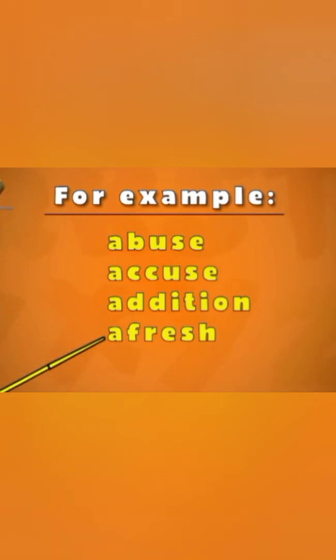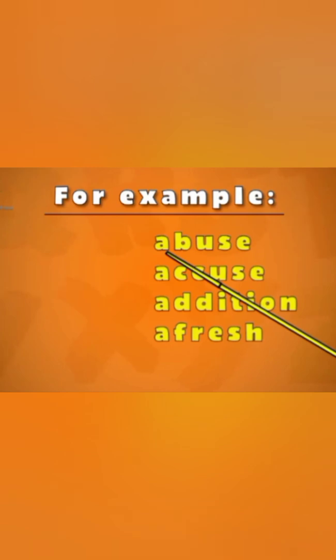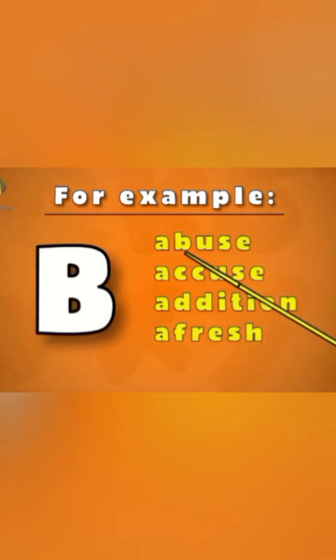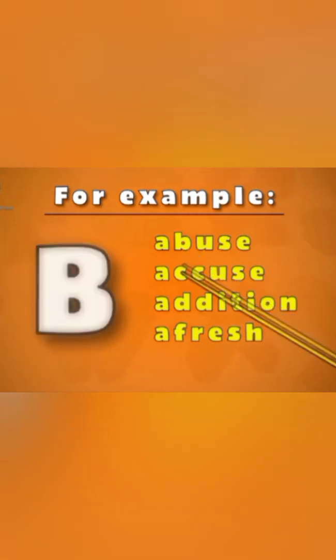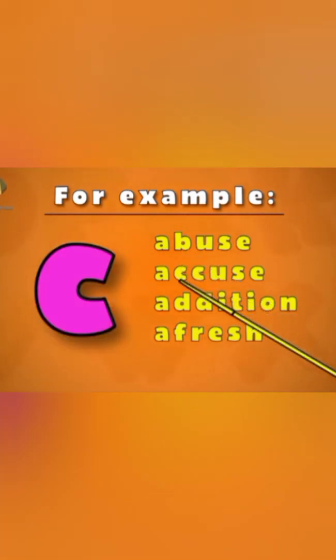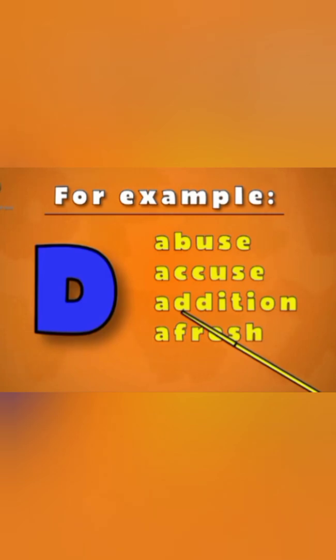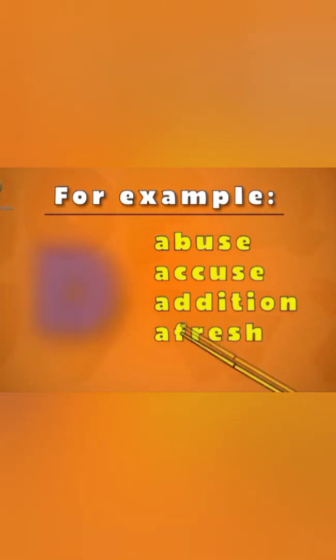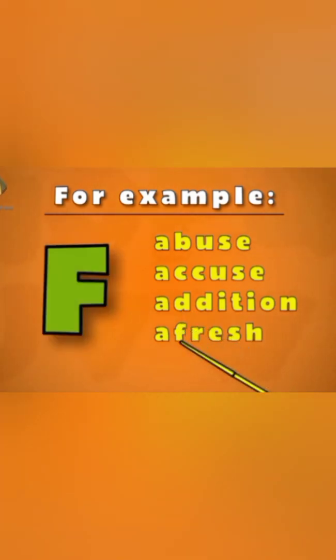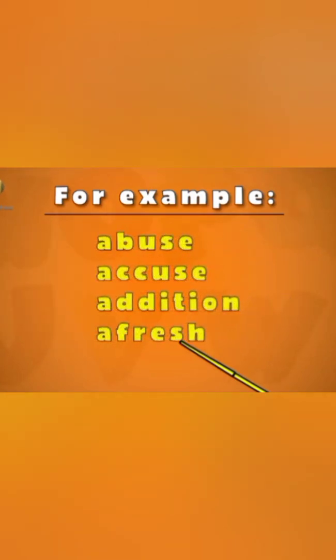So, how did we arrange them? This is simple because we ignored the first letter A and we see the second letter. It was abuse because B was second. Accuse, after B, C comes, and addition, D. And finally, we got the word afresh. So, when all the words begin with the same letter, we ignore the first letter and we look at the second letter.